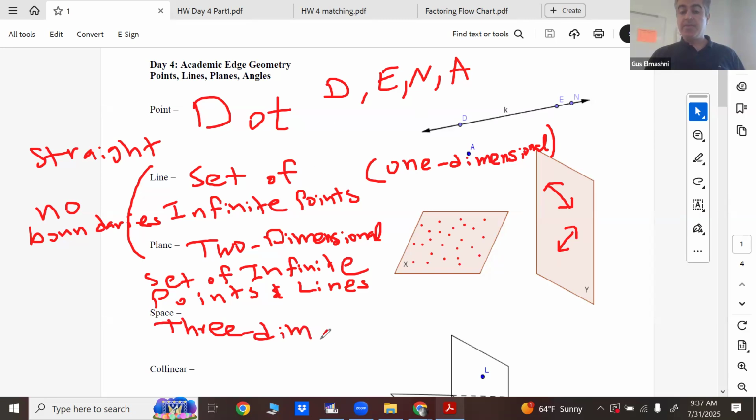It is infinite too, yes. It's actually a set of infinite planes, and points and lines.